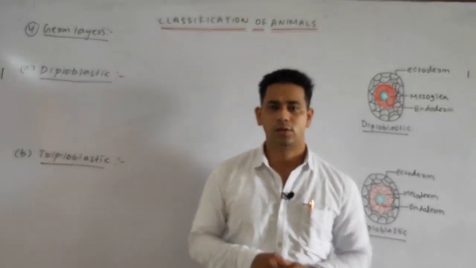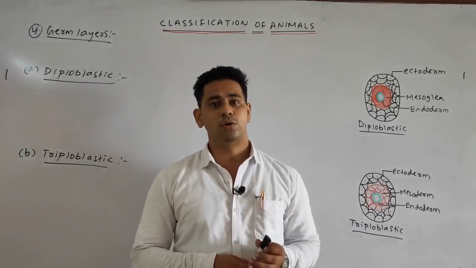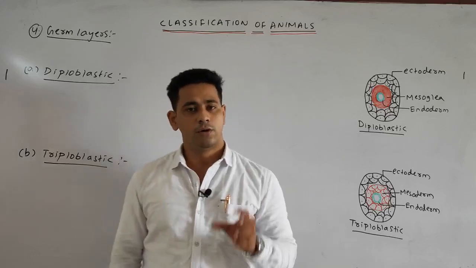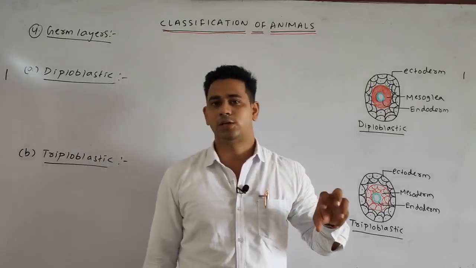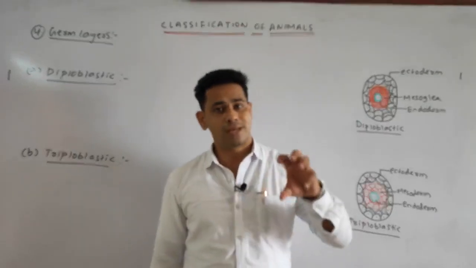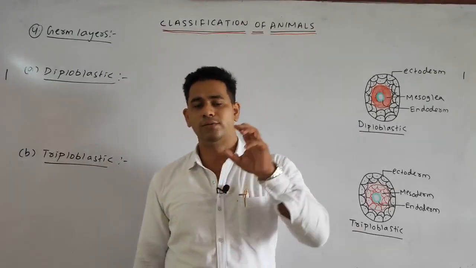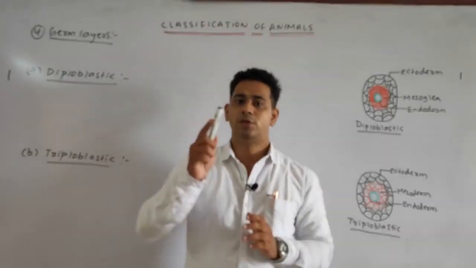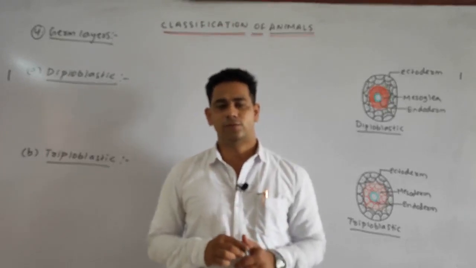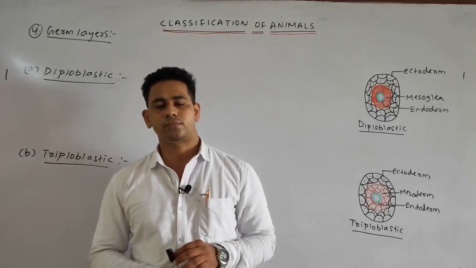In other words, the blastopore first develops into the mouth in the case of protostomes, and in which the blastopore develops into the anus first, that is, in the digestive tract the anus is formed first, it is the case of deuterostomes.